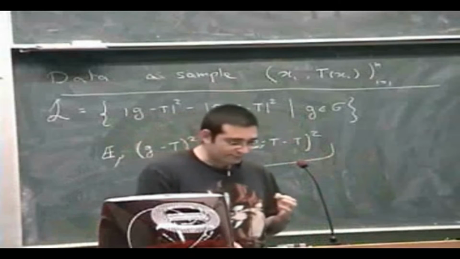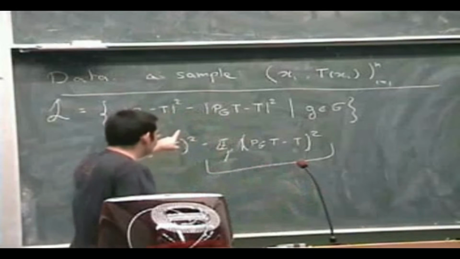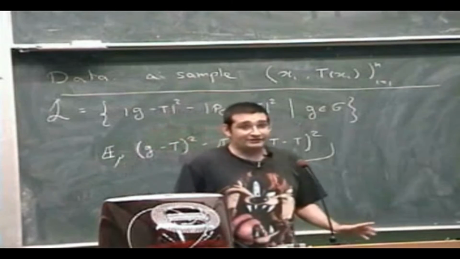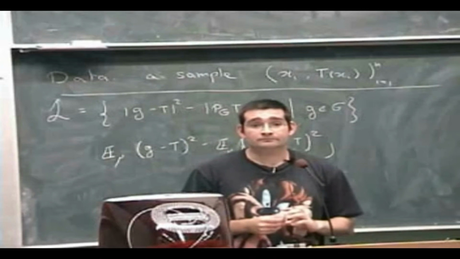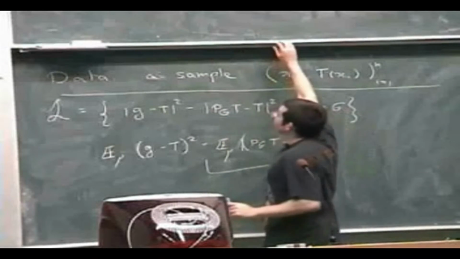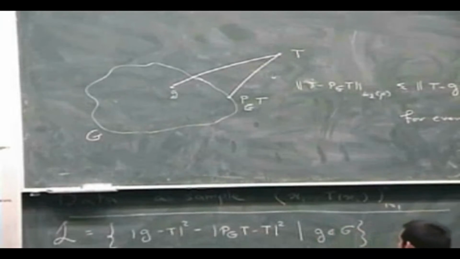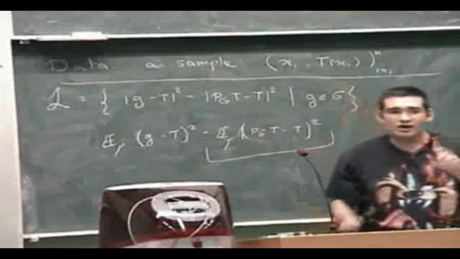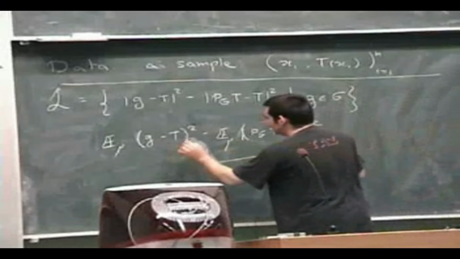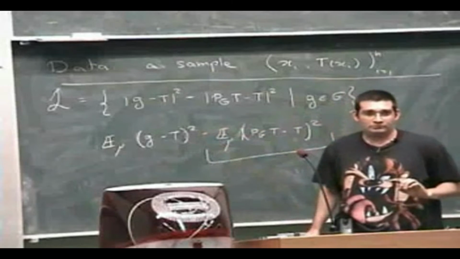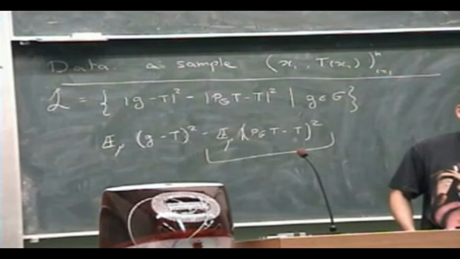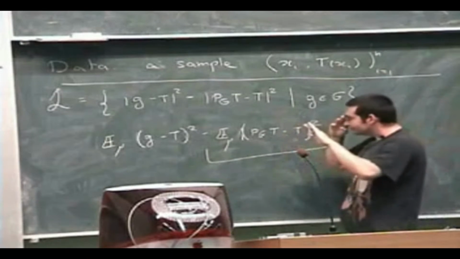Let L of Sn be any function in G for which (1/n) sum over i from 1 to n of (g(xi) − T(xi))² is less than or equal to the infimum over g in G of (1/n) sum over i from 1 to n of (g(xi) − T(xi))² on the sample Sn. Okay, almost formal.